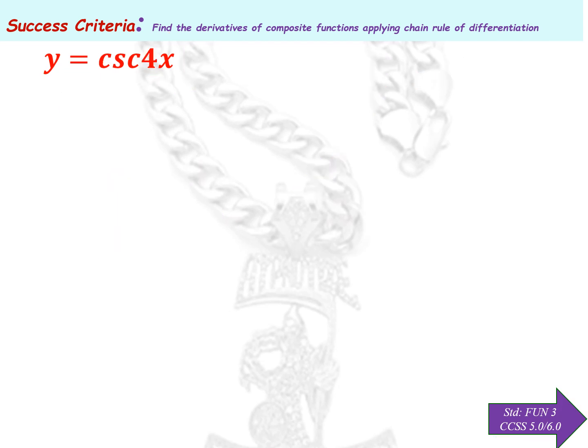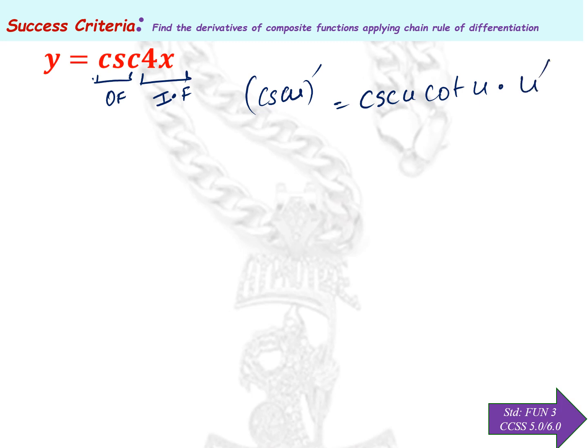Okay, again here is the formula for the cosecant 4x. Cosecant is the outer function and 4x is the inner function. So the formula is cosecant u, cot u, and then u prime.